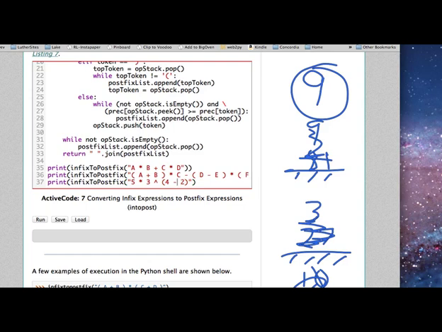All right, and remember we have to have this fully parenthesized. So we need to make sure that, well, let's see, I think that has enough parentheses there. Let's just see.